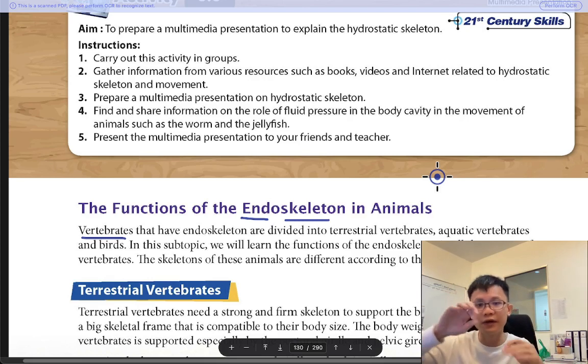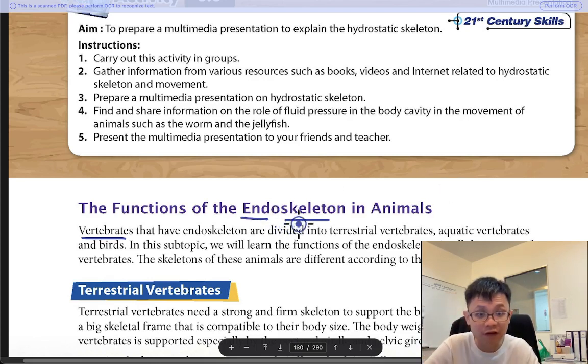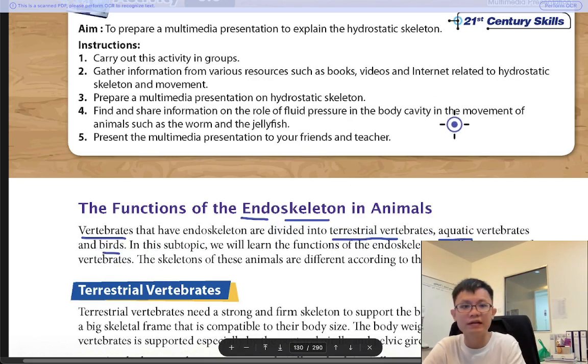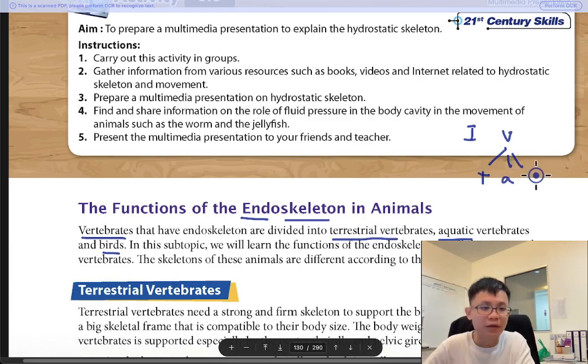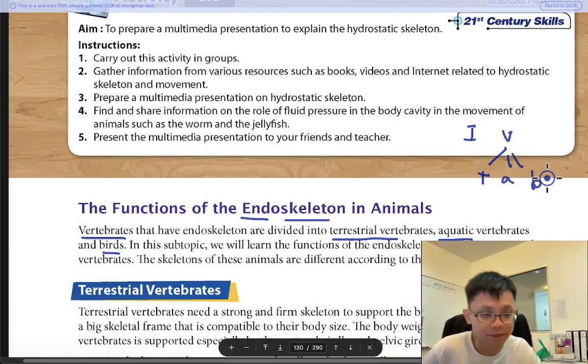Then the vertebrate is divided into exoskeleton and endoskeleton, and the endoskeleton is further divided into terrestrial vertebrate, aquatic vertebrate, and bird. So there are three: T is for terrestrial, A for aquatic, and B for bird.